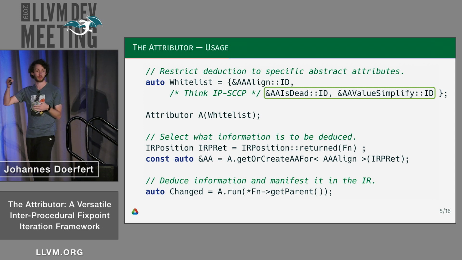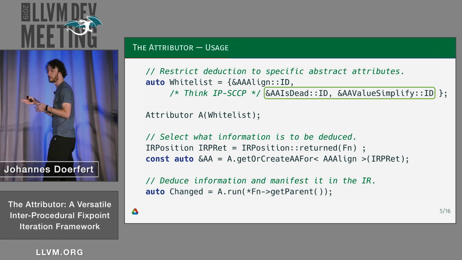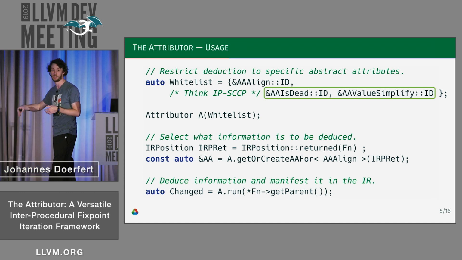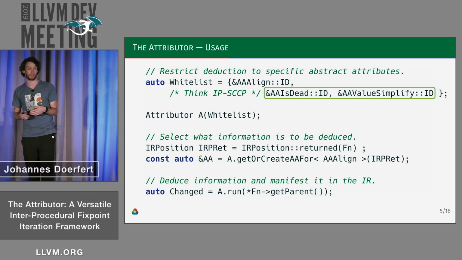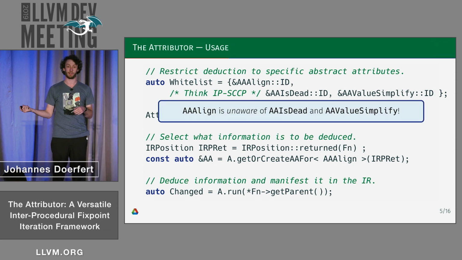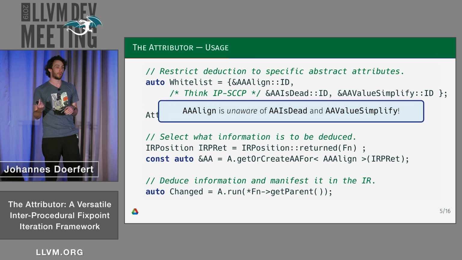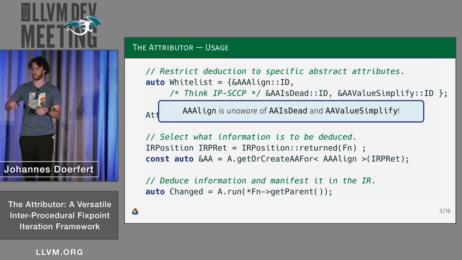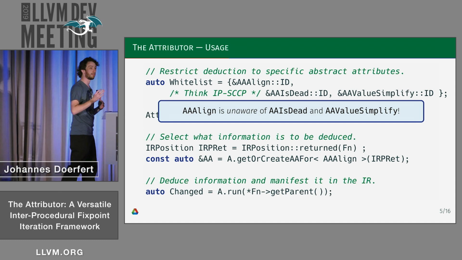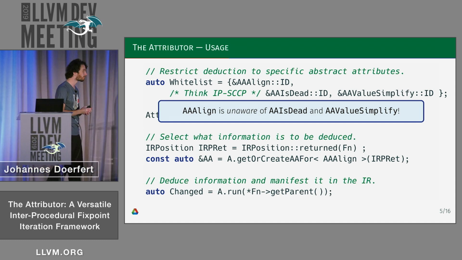Based on that, you try to come up with constant values of things. Based on those constant values, you can argue that branches are dead or edges are dead, and so on and so forth. So that is happening under the hood. The alignment doesn't know that is happening. The alignment doesn't have to know. If you want it not to happen, you have to exclude it. But the framework just does things for you. It gives you better information if possible.